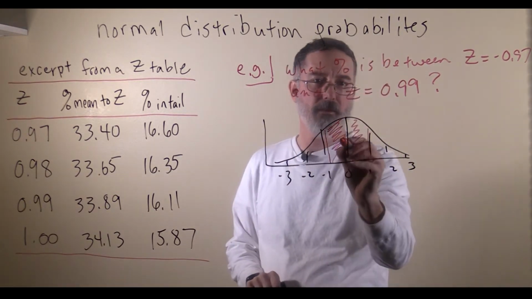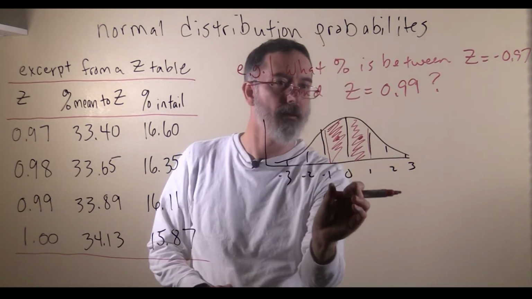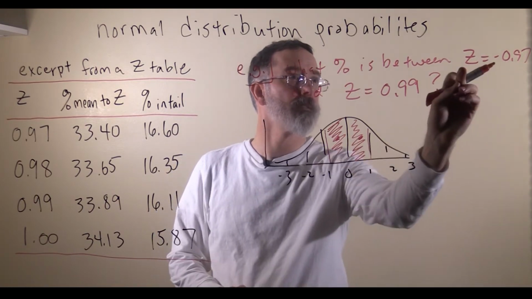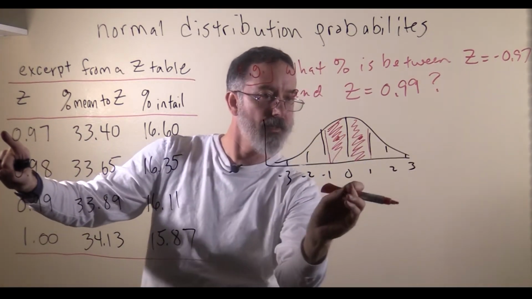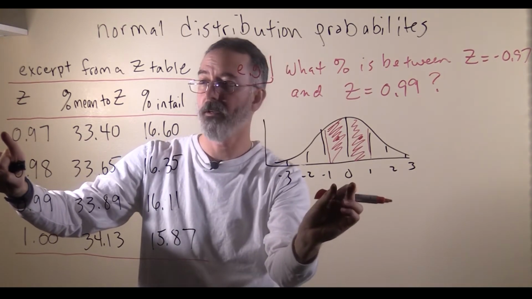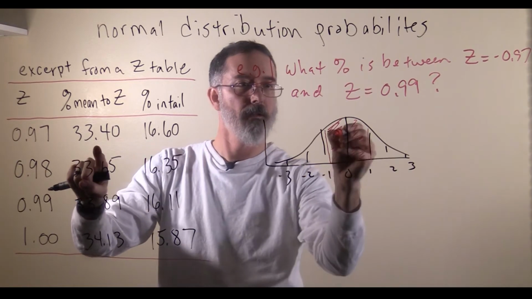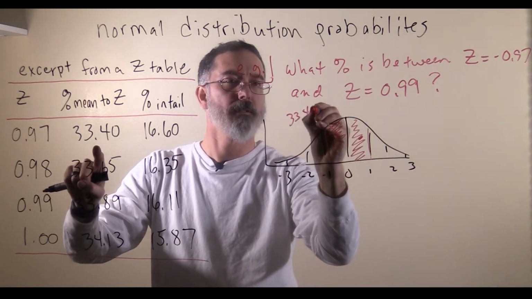So we want all of that area. So we're going to have to figure them out separately and then add them together. So let's just start with the part below the mean. 0.97. It's negative, so that's fine because we're interested in this half over here. And the percent between the mean and that z-score, that is 33.40%.